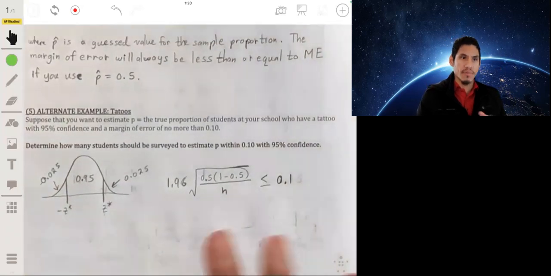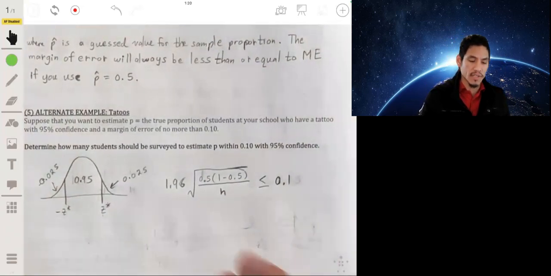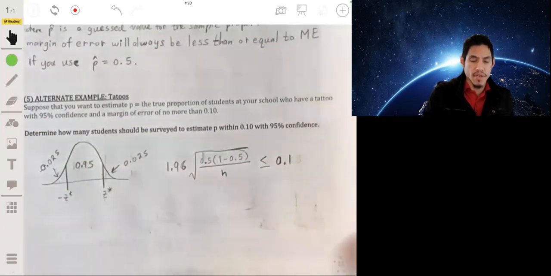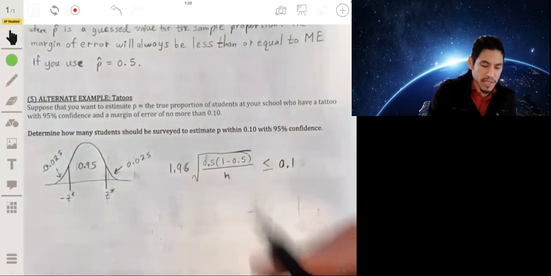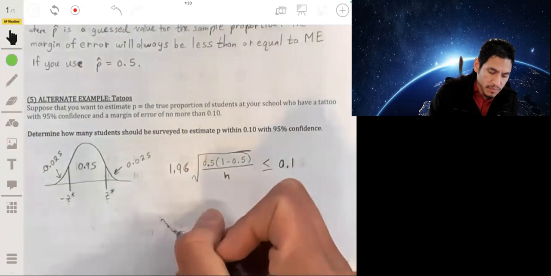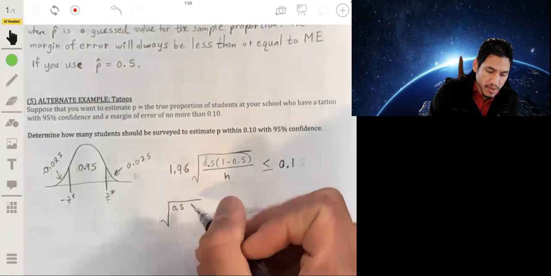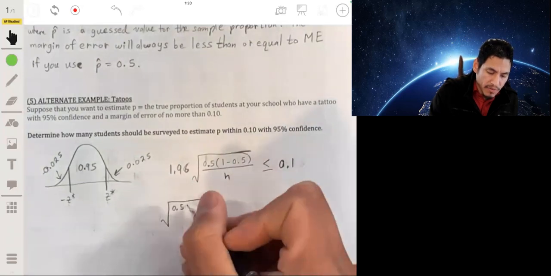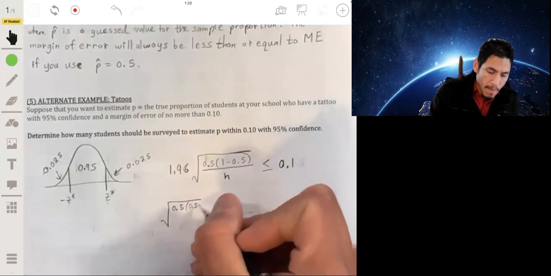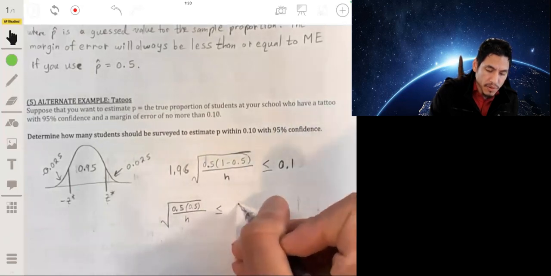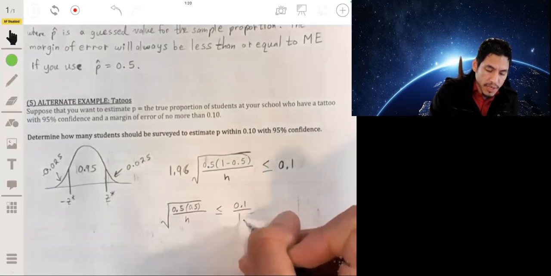And so we got to make sure we are on top of our algebra. So let me just go through this step by step in case you're a little rusty. We're going to divide both sides by that 1.96. And so we'll get the square root of 0.5 times 0.5 up there, over n, less than or equal to 0.1 over 1.96.